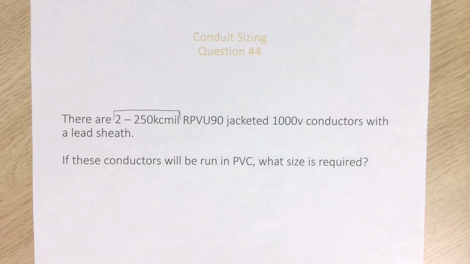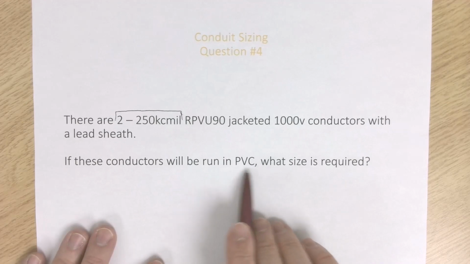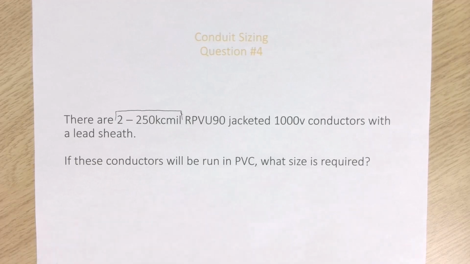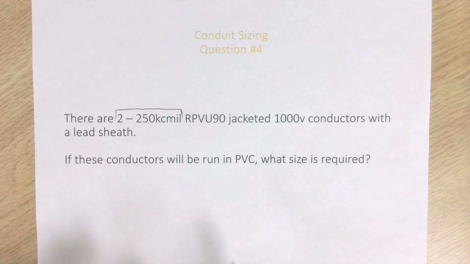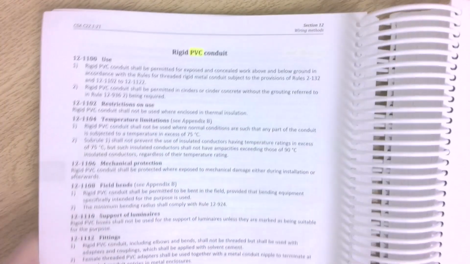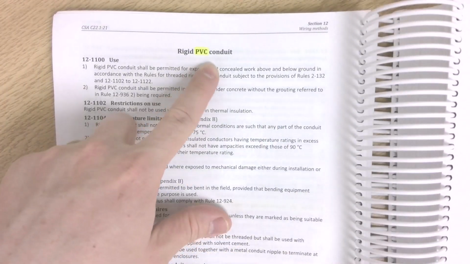So let's jump to Section 12. Let's look at PVC and let's see what it says about a bonding means, because that raceway ain't gonna cut it. So in Section 12 here, page 136, starts us down rigid PVC conduit.